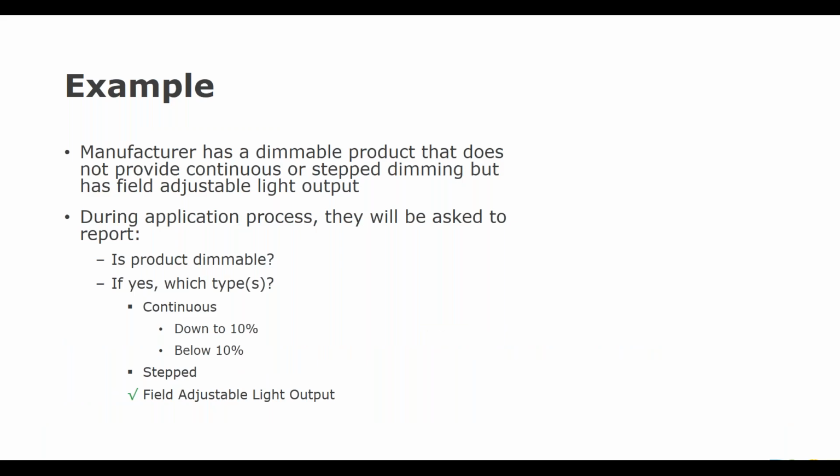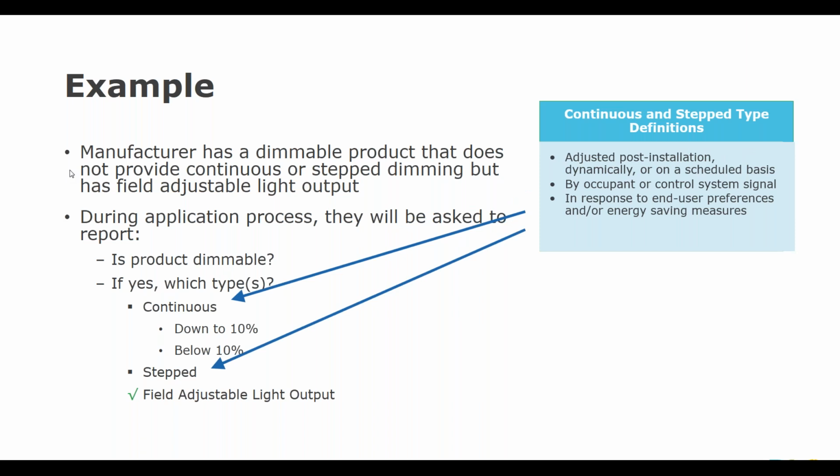Okay? Now let's look at a slightly different example. We got some questions about this one already, so I'm trying to address it here. So we have a manufacturer, they have a dimmable product, but it doesn't actually provide continuous or step dimming for occupants or for a control system signal, but it does provide field adjustable light output.